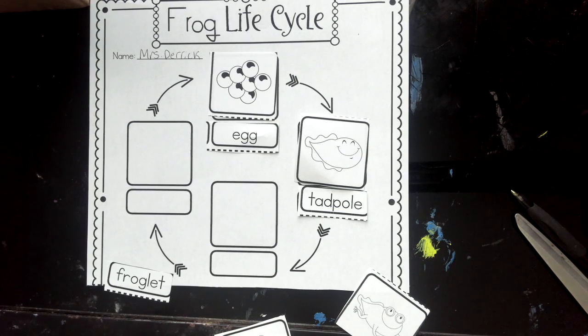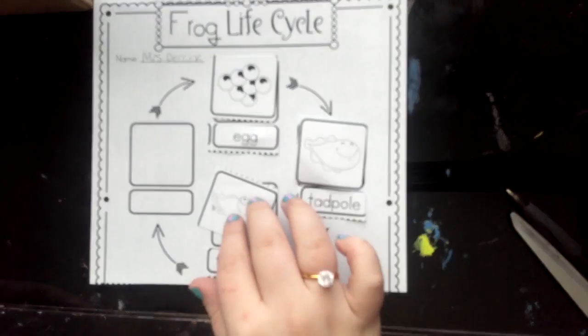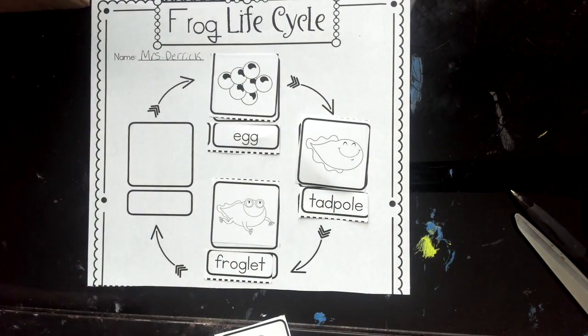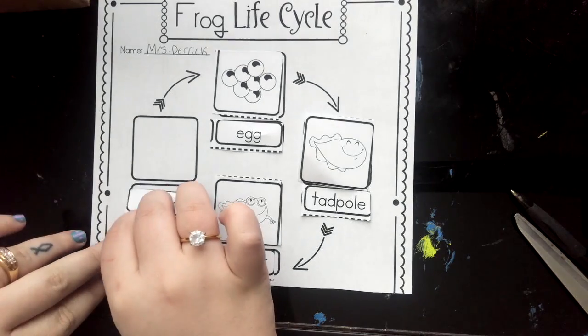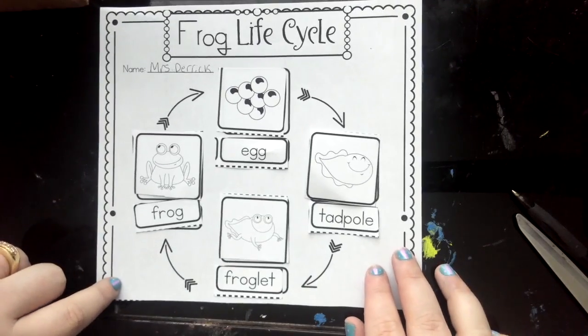We have our tadpole next. After that, our tadpole grows legs and it becomes a froglet. It looks like this. Here's our froglet, still has its tail. Then eventually its tail goes away and it becomes a frog. So that's our last step of the frog life cycle.